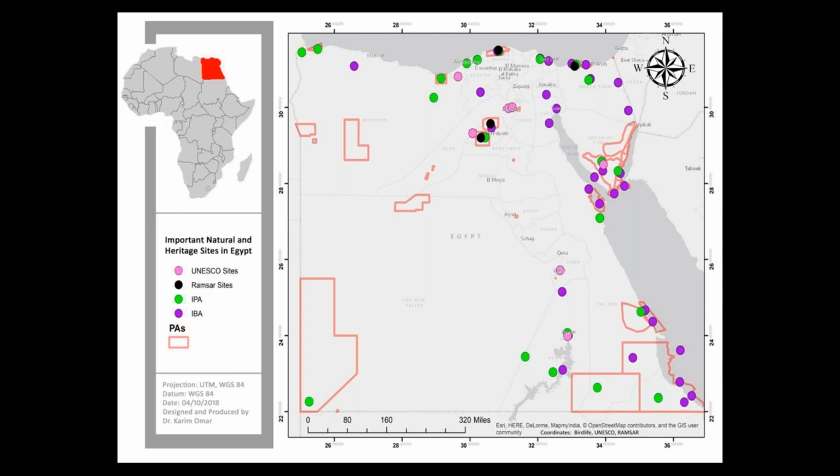We set the sites of UNESCO sites, Ramsar sites, important bird areas and important plant areas, and we found some of them are effective and others are outside the protected area. There is need to modify the border of protected areas. Next slide, please.